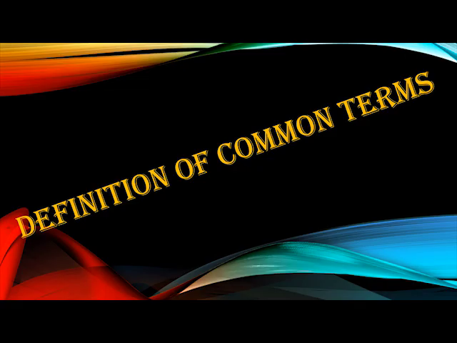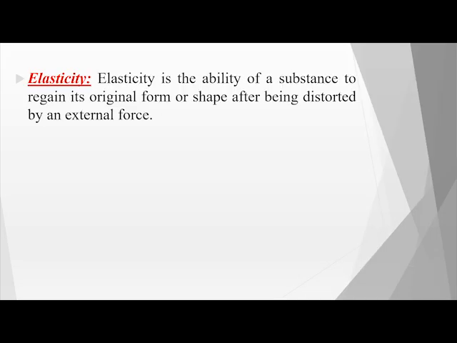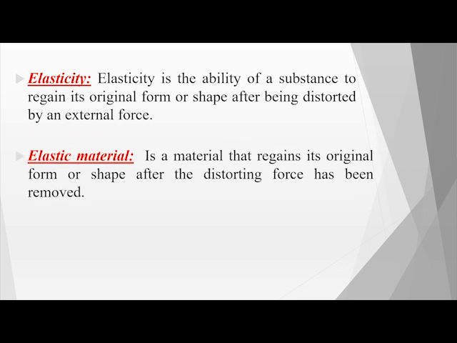Now, let's go into the definition of common terms as they apply to elastic property of materials. Elasticity. This describes the ability of a substance to regain its original dimension after being distorted. Elastic material. This is a material that will regain its original dimension after being distorted.